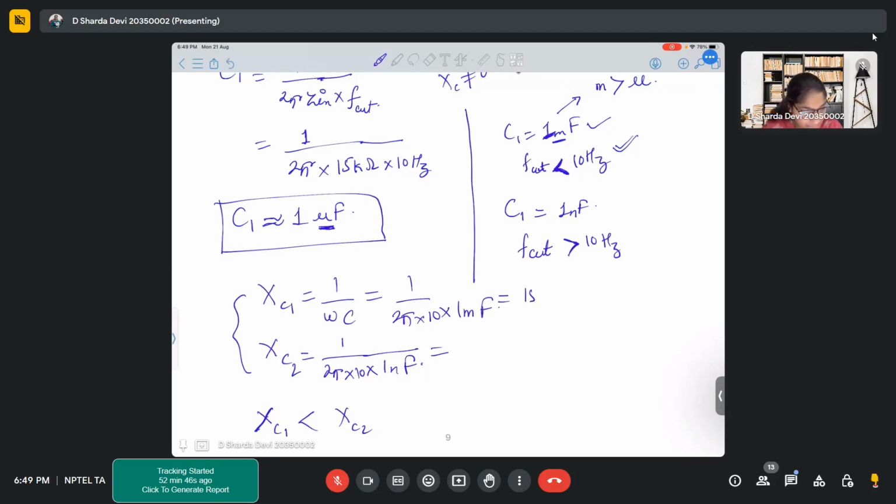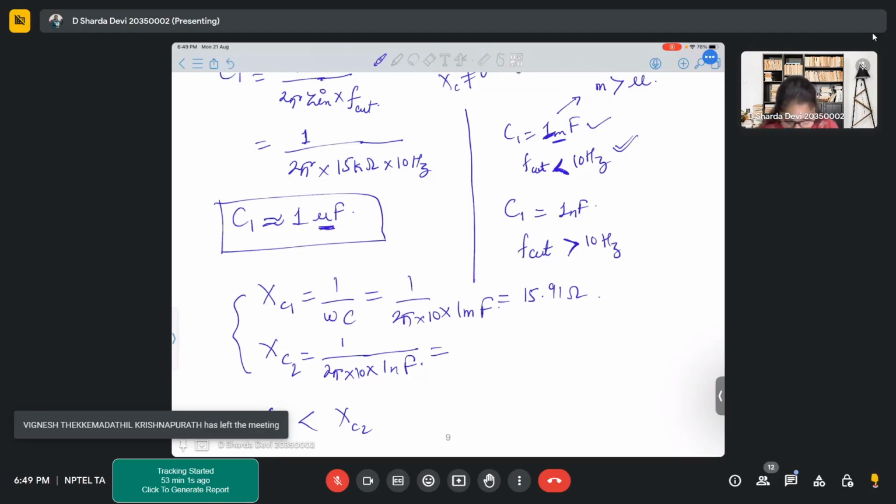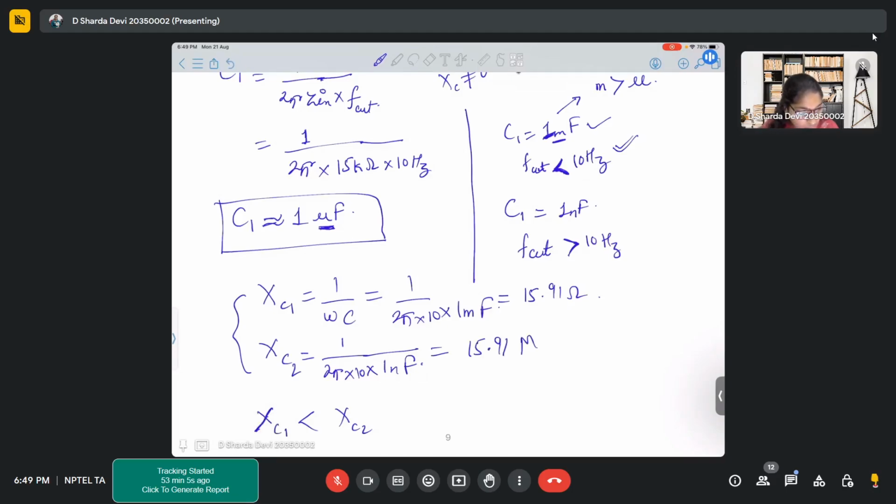So it is 15.91 ohms. Now in place of 1 millifarad, if I have 1 nanofarad, my impedance Xc increases to 15.91 mega ohms. Can you see the difference?